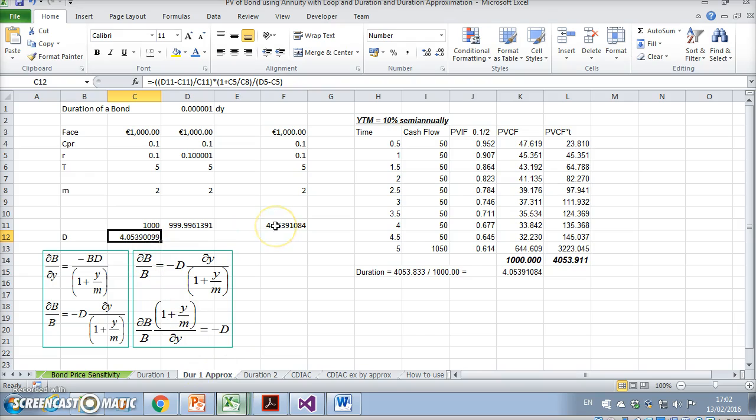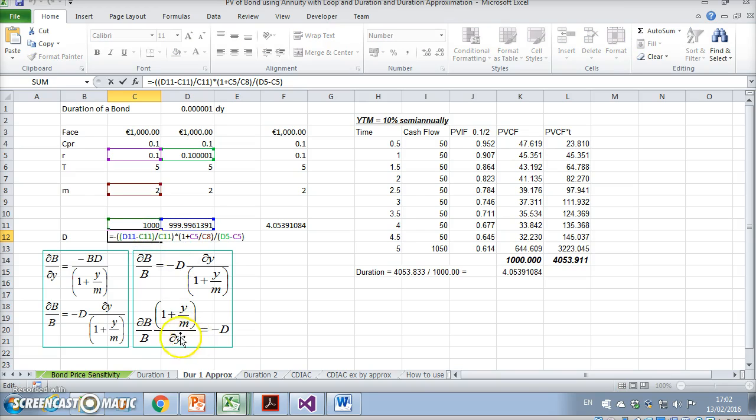So we had worked it out in terms of the VBA function. We'd worked it out manually, so 4.053919, and then this figure here, which represents again this type of construction.